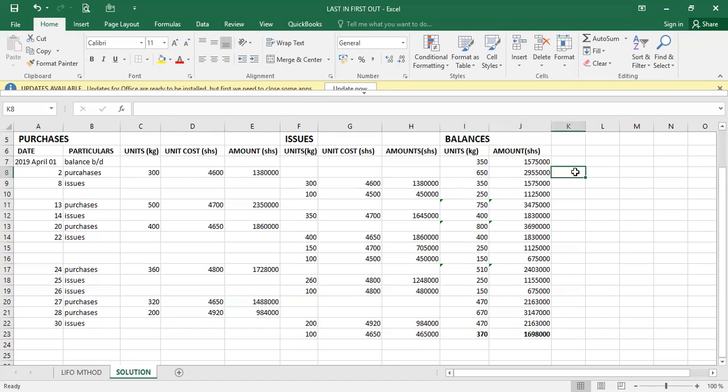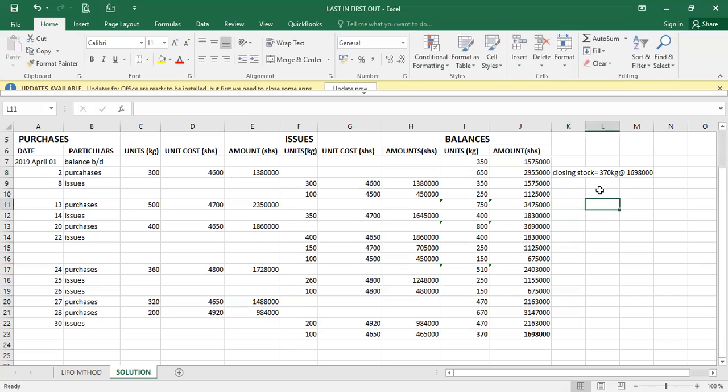So you can come here and say closing stock equals to 370 units valued at 116,89,000.